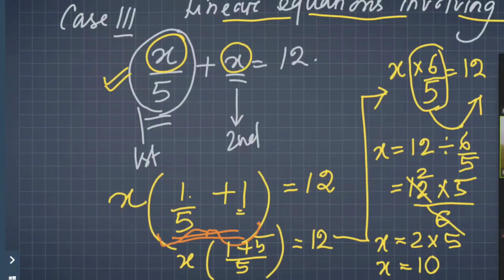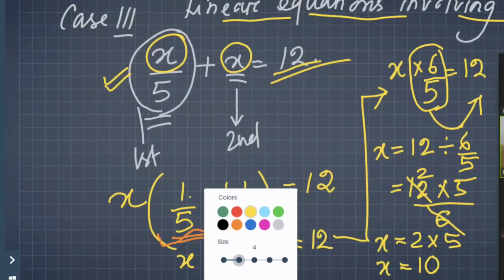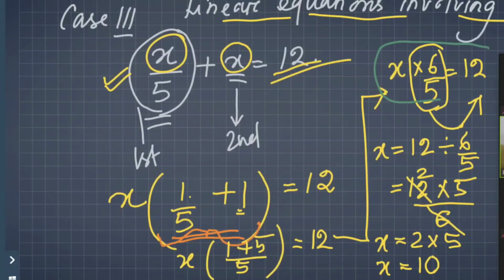Then I get a value equal to something, and it will be easy for me to solve, just as I have solved it over here. So reaching these two steps are the signature steps in solving this type of sum.